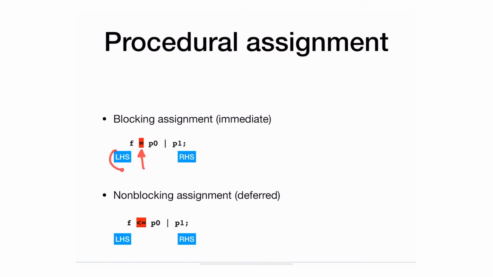So I have a left-hand side and a right-hand side, and the right-hand side gets evaluated. For example, this OR gets evaluated, and then we call it immediate because it immediately assigns that value to the left-hand side, which is F in this case, and it will block everything afterwards, meaning it will not execute anything after this statement until the assignment from the right-hand side to the left-hand side is done.